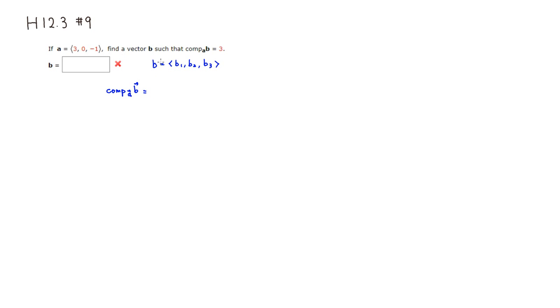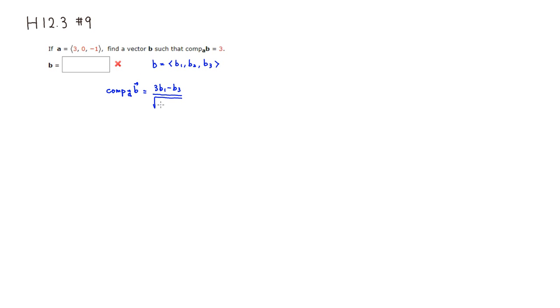So you have A and B dot product, so you're going to have 3B1, and 0 times B2, so that's 0, and a negative B3. So that's A dot B over the magnitude of vector A.